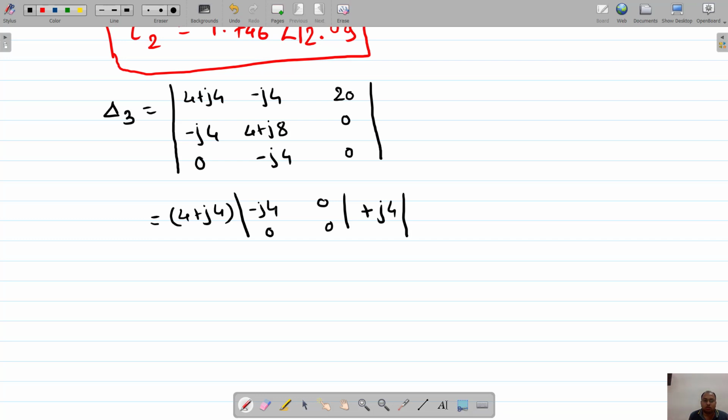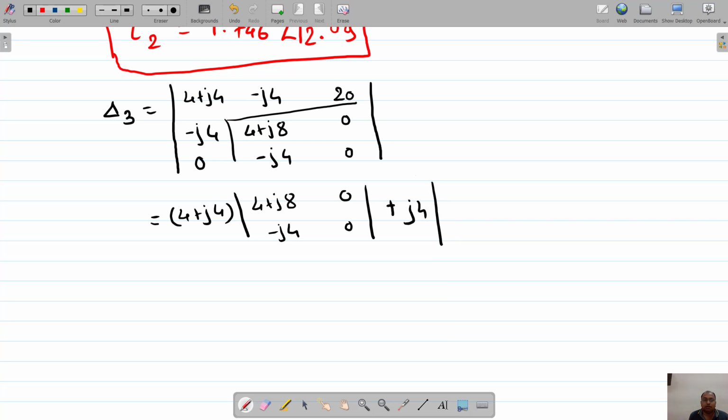Sorry, this is wrong. First row and first column we should exclude, right? So these are the four elements: 4 plus j8, minus j4, 0, 0, right? Minus of j4, minus minus is going to become plus, right? And we are going to exclude this column.